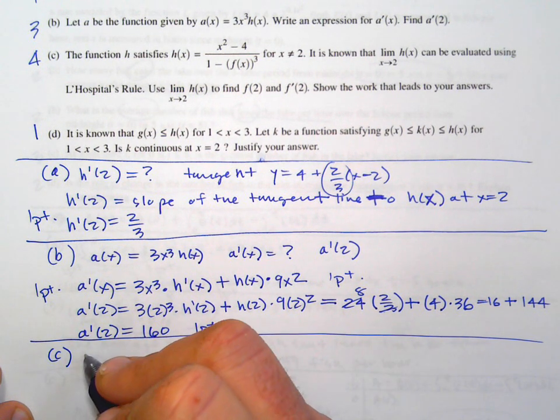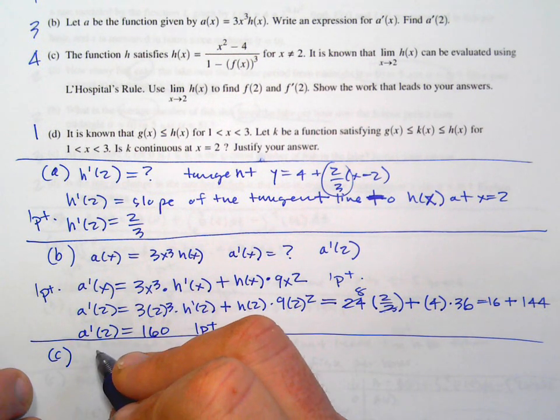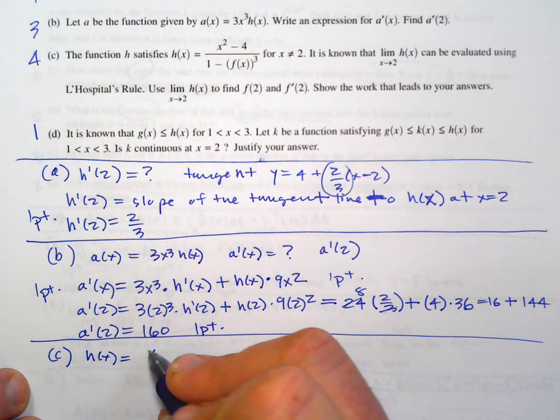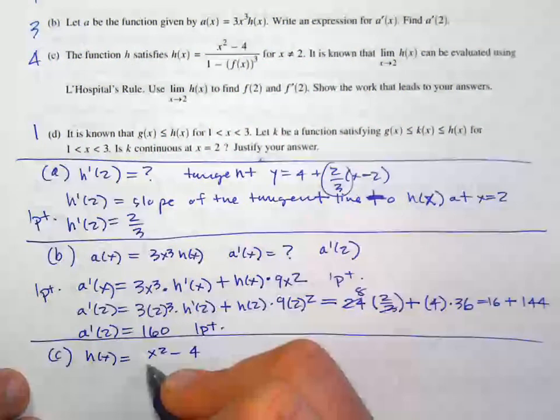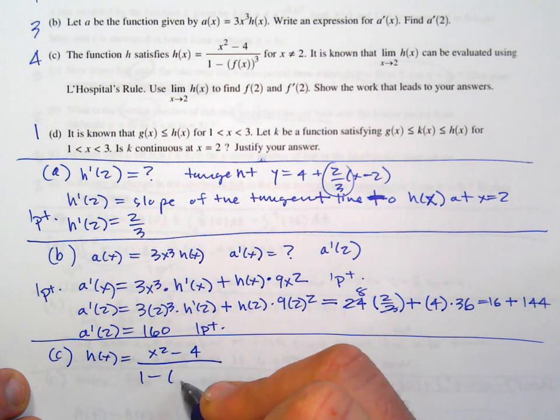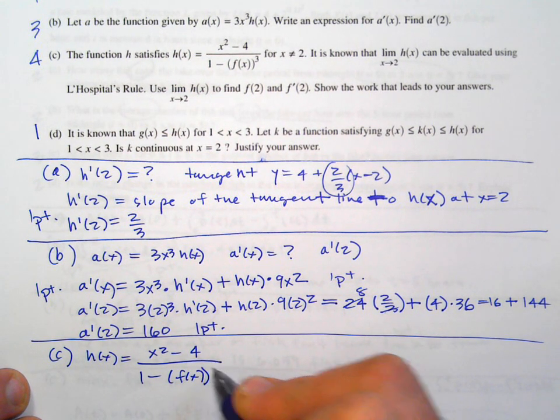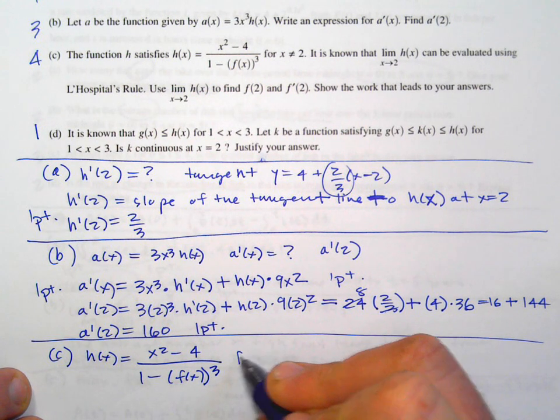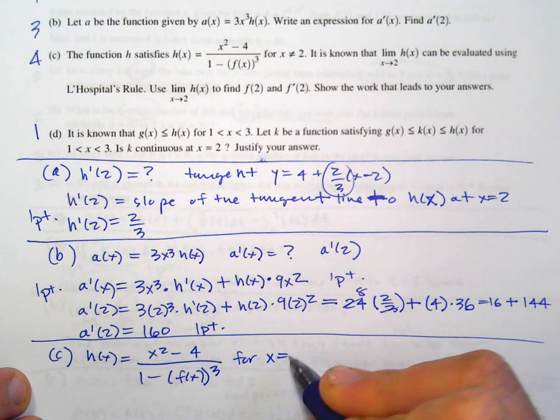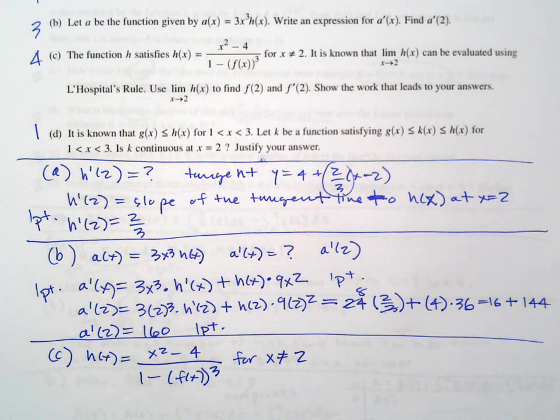C, h. So they've talked about h, but it says h satisfies h(x) equals (x squared minus 4) over (1 minus f(x) cubed) for x not equal to 2. Okay, so they actually gave you the value of h(2).